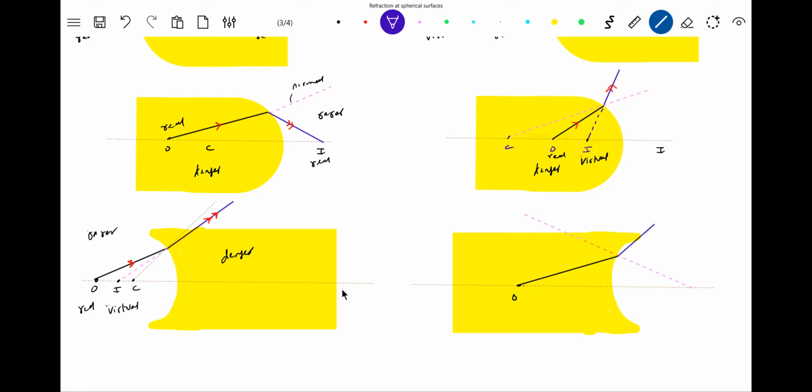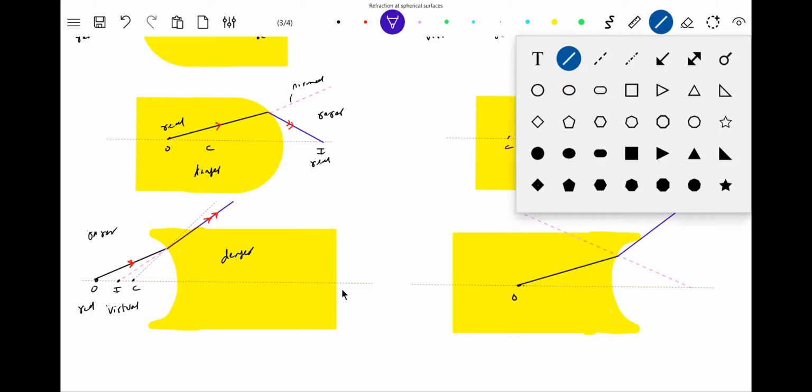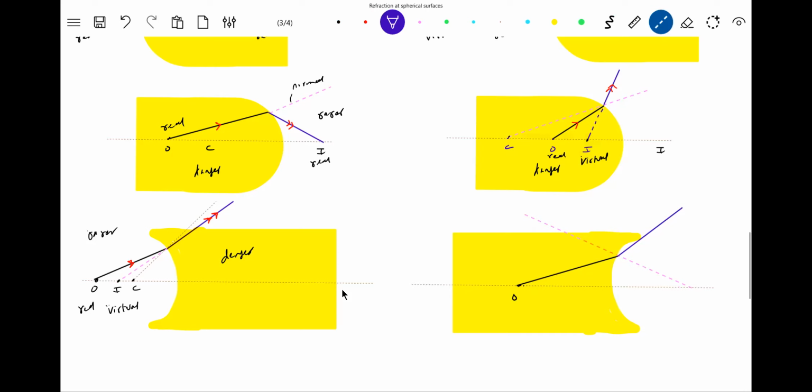So away from normal will be like this. So if you produce it back, it will come like this. So this is the image. Rarer, denser, this is a real object, virtual image.